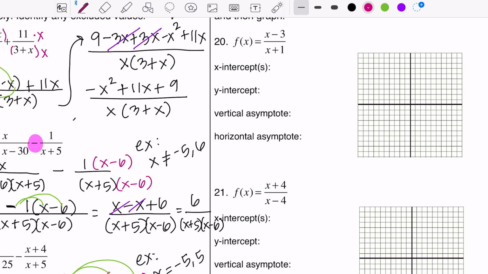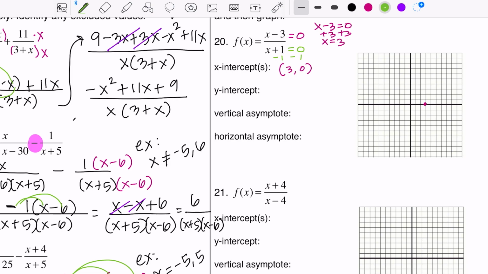So anytime you want to find out how to graph a rational expression, I always say look for the 3 zeros. So the first one is set the numerator equal to 0. So that's going to give us our x-intercept. So we get x equals 3, but in intercept form, that's (3, 0). So right there. Then you're going to set your denominator equal to 0, and that is not going to give you your y-intercept.